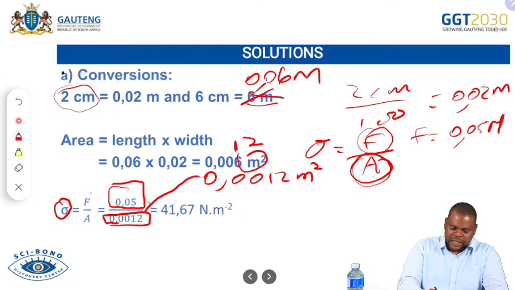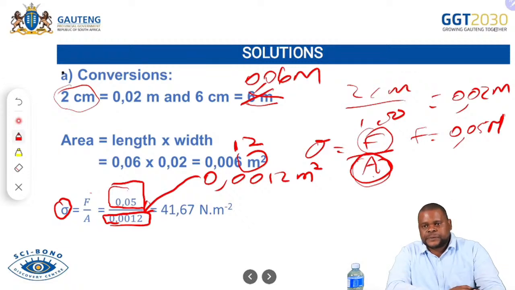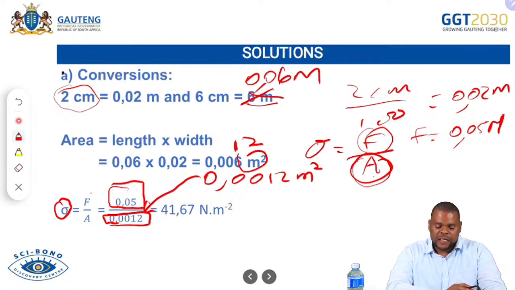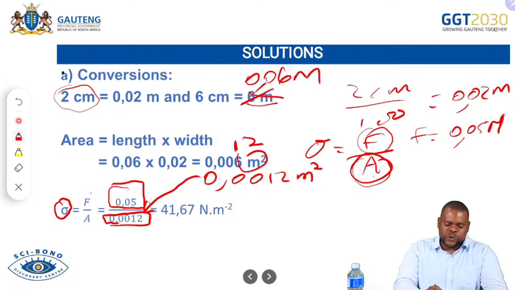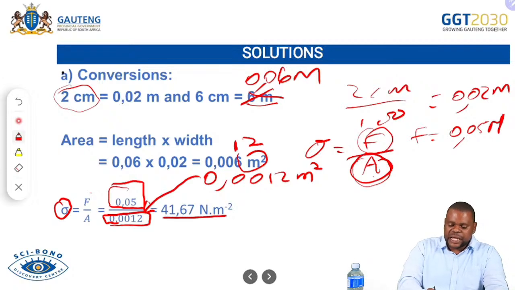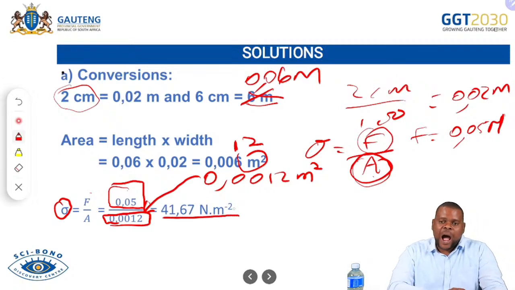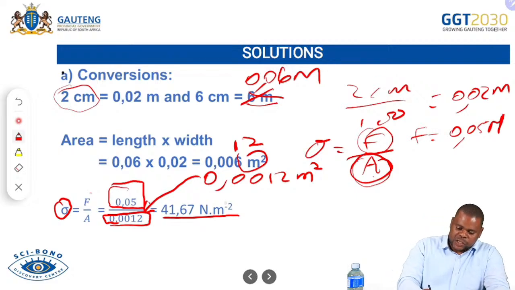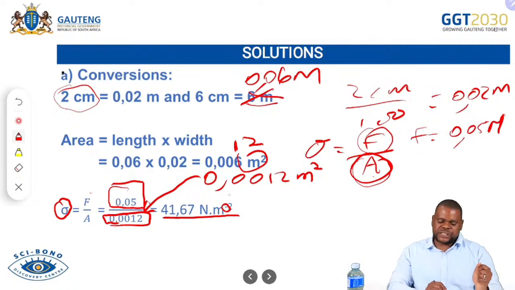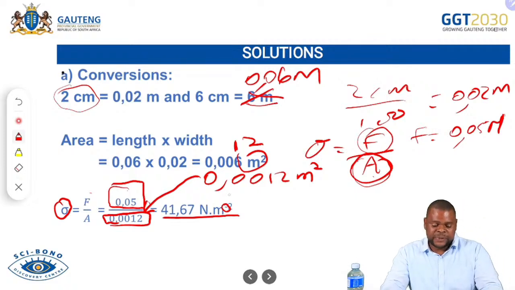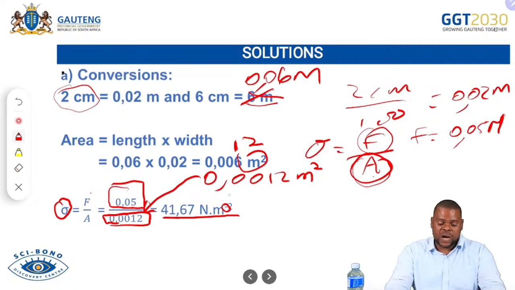This area here is the one that we put there. Can you see, grade 12? Then after we use our calculator, we found that the stress is 41.67 Newton per meter squared. This minus that you see here means per meter squared. Are we together, grade 12?